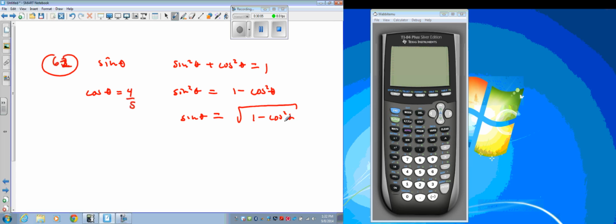You notice it's saying on page 62 that you're in quadrant 4. This is a plus or minus, right? So if you're in quadrant 4, which are you picking? Is Y positive or negative in quadrant 4? Negative, aren't you? So this is what you're going to pick. A negative.